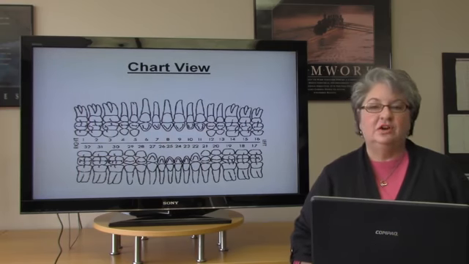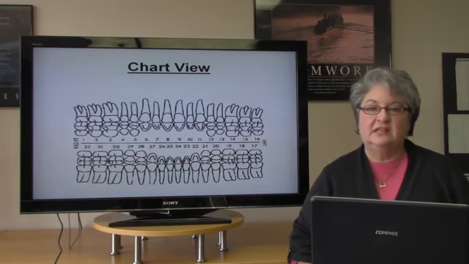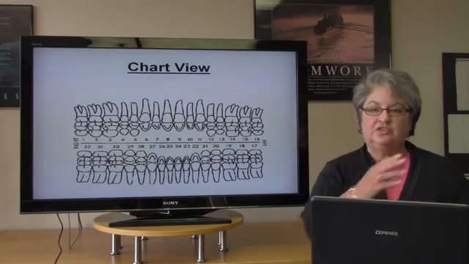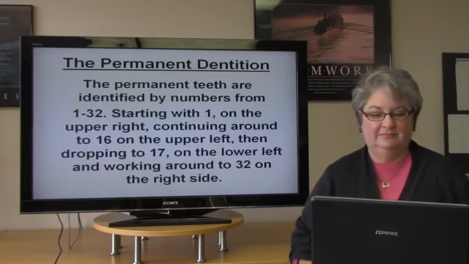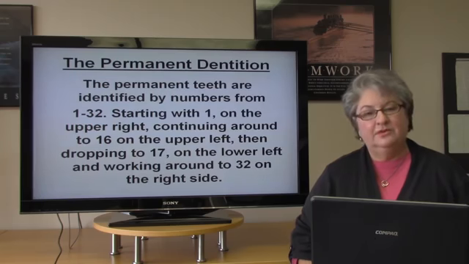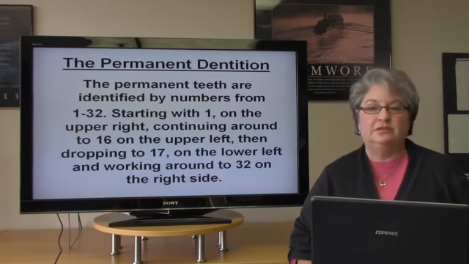This is the chart view of a patient record. Please notice that the patient's right is your left and the patient's left is your right, just like shaking hands. The permanent teeth are identified by numbers 1 through 32.